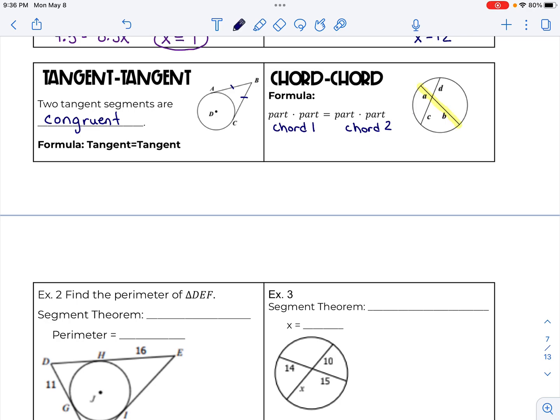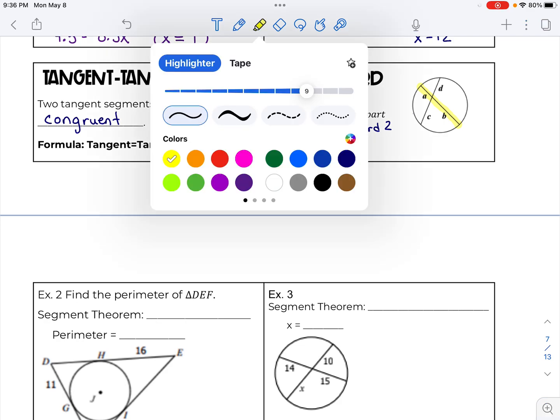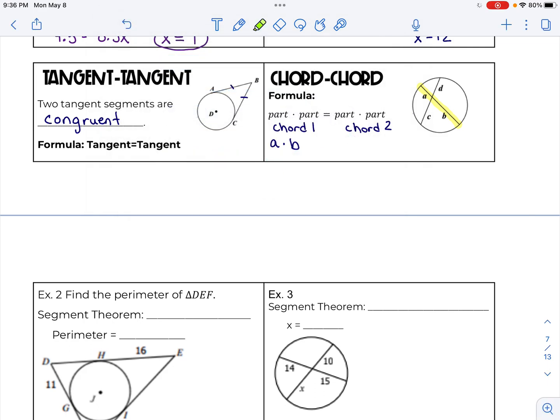So the part of that chord would be like A times B, and compare that to this chord, which would be equal to C times D. So that is called the chord-chord theorem. It's the part times the part of one chord equals the part times the part of a second chord.